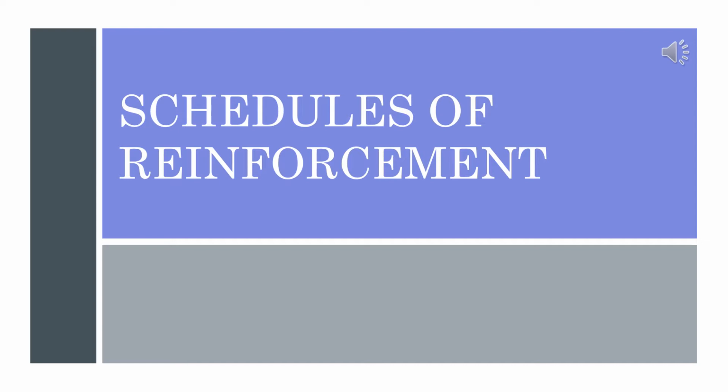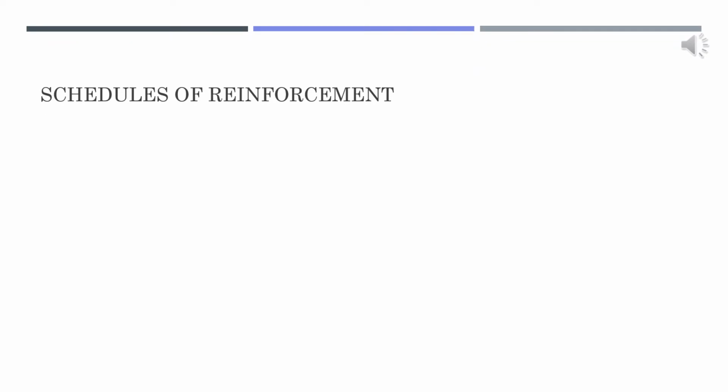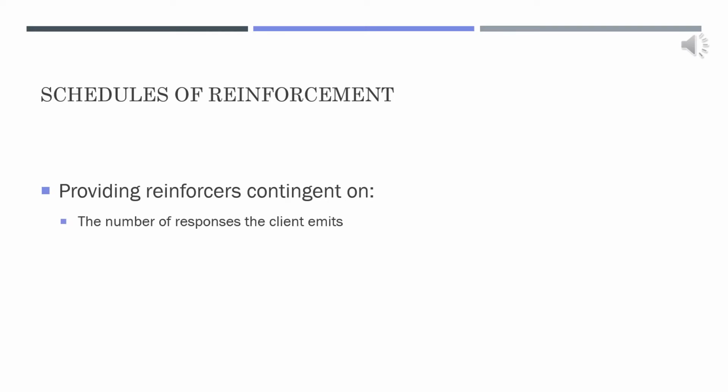Now we are going to discuss schedules of reinforcement. A schedule of reinforcement involves providing reinforcers contingent on the number of responses a client emits. For example, how many times the client appropriately hands over their items after hearing the instruction, "My turn."